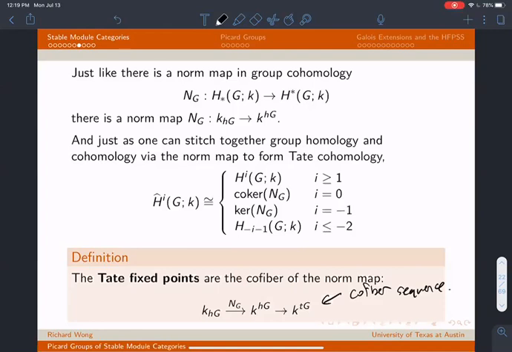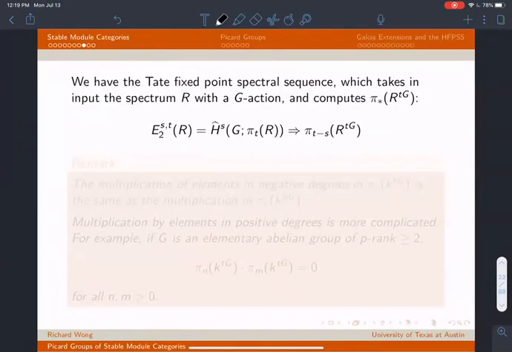And of course, we had spectral sequences to compute the homotopy groups of the homotopy orbits and the homotopy fixed points. And so, of course, one might expect, and we do get, a Tate spectral sequence whose input is now Tate cohomology, and whose output is the homotopy groups of the Tate fixed points.